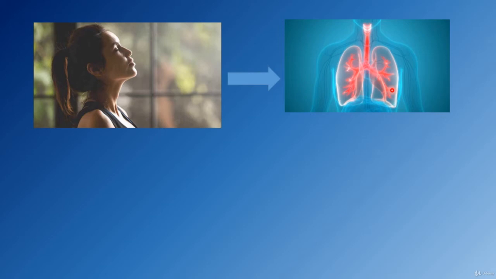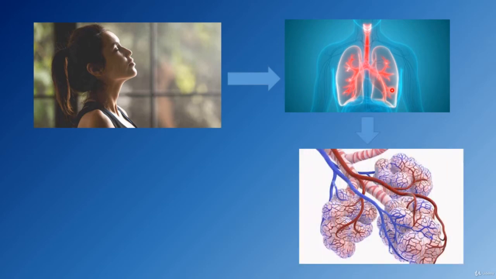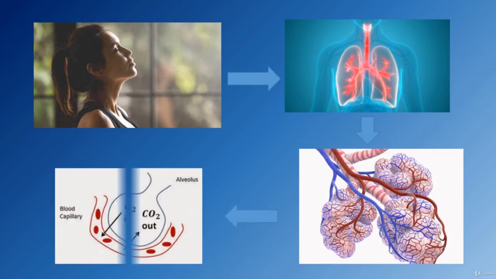Those alveoli are surrounded by blood arteries and veins, as we see here in the picture. Through those alveoli, the oxygen passes to the blood and gives us oxygenated blood. At the same time, the carbon dioxide coming as a body waste from different organs passes from the veins to those alveoli to be expired in this part of breath, which is expiration.